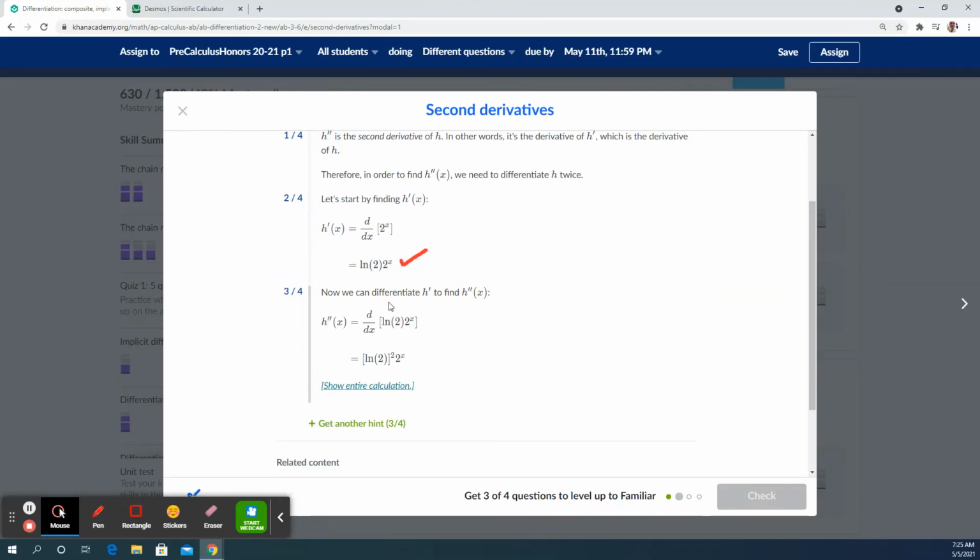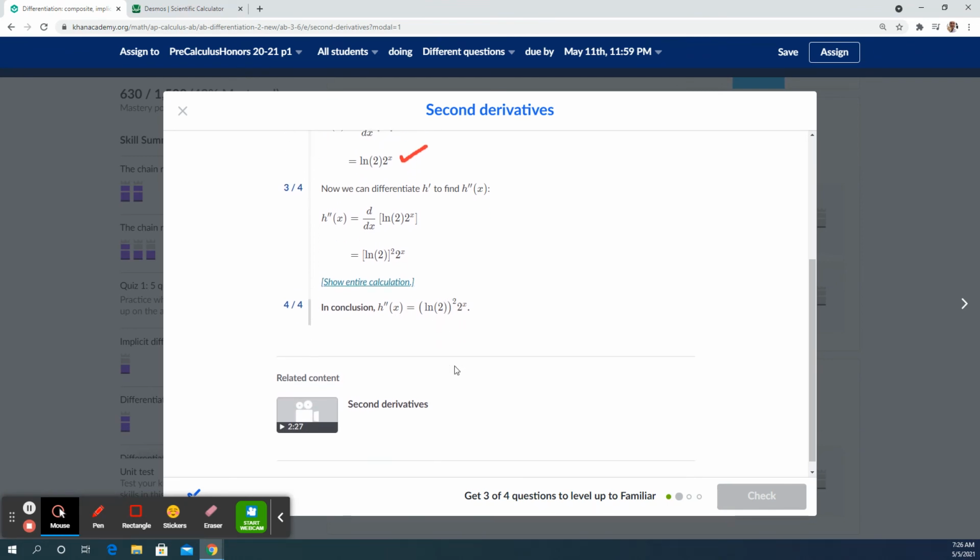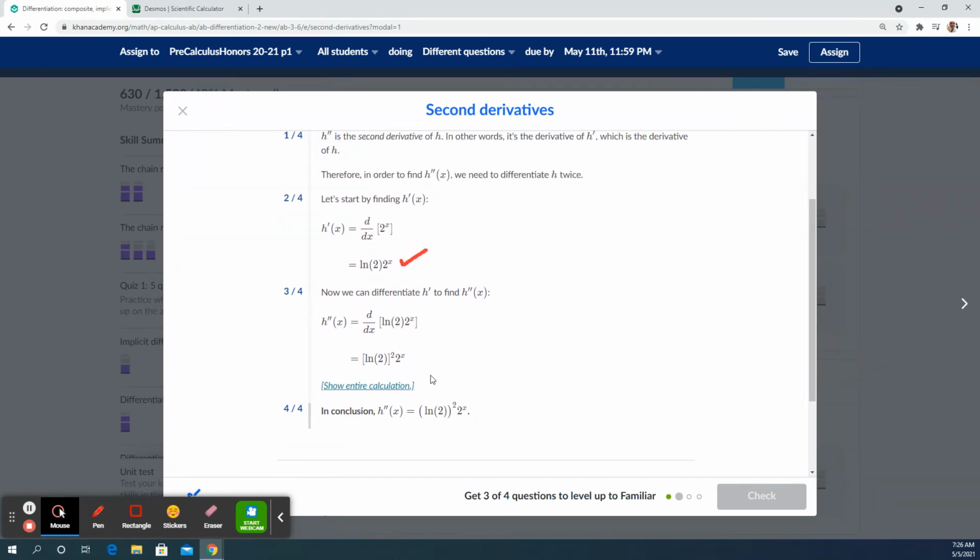There's no x here. So I'm going to go ahead and check my work and see what mistakes I made. But yeah, then we would just repeat the derivative, and that's all there is. And yeah, so it's the square of natural log of 2 times 2 to the x. All right. I'm going to go ahead and stop it here and see what mistakes we made.